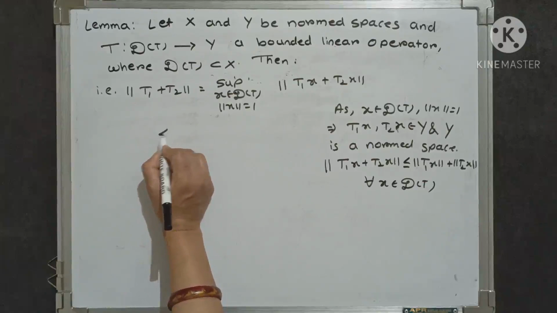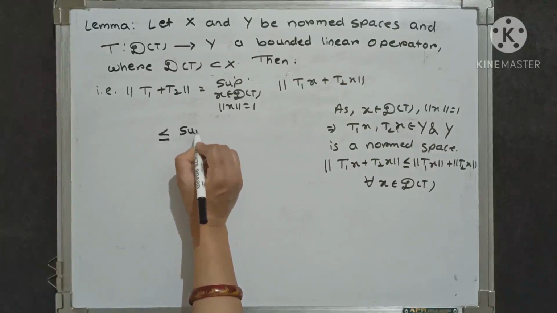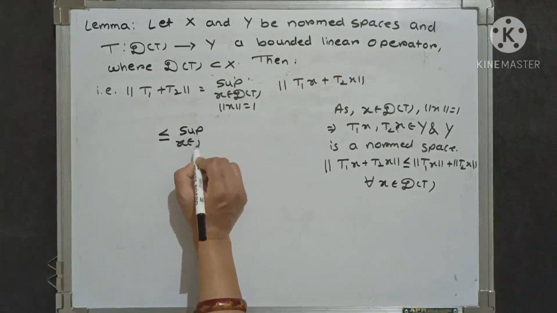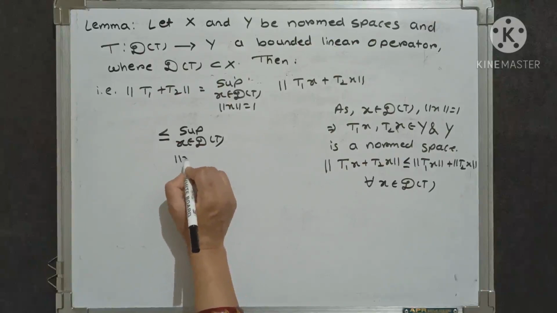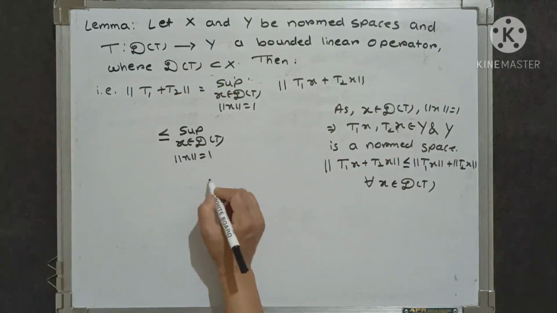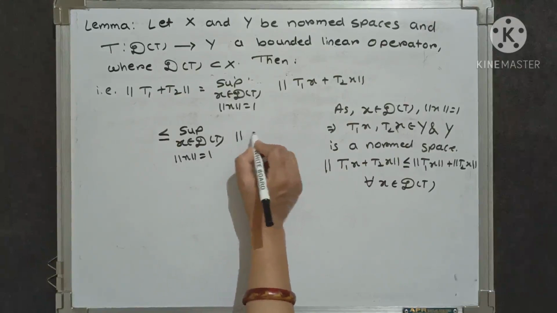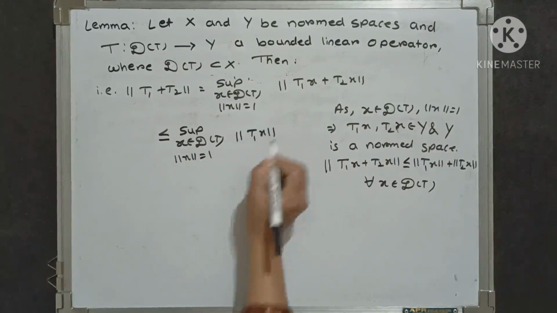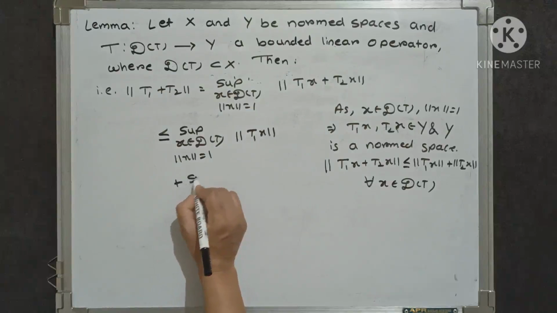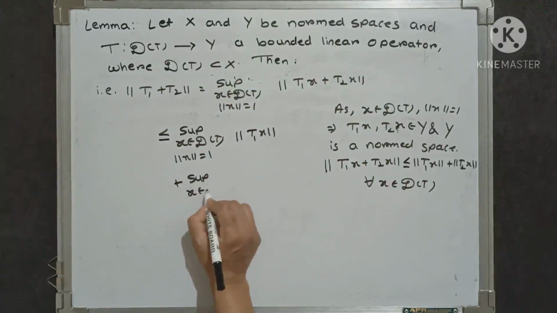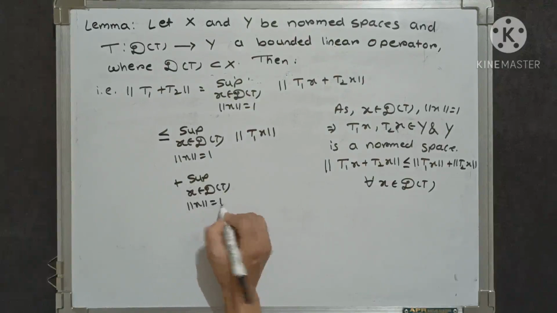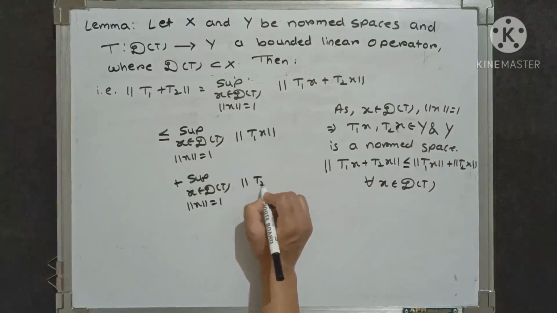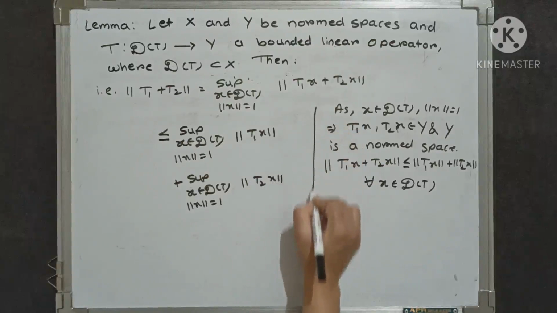it is less than or equal to supremum over x belongs to D(T), norm of x equals 1, norm of T1x plus supremum over x belongs to D(T), norm of x equals 1, norm of T2x.